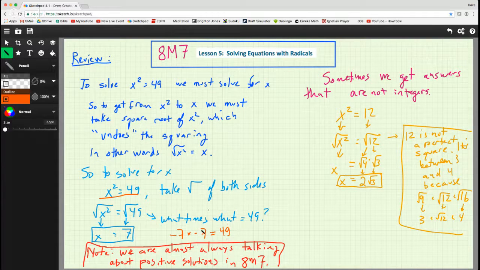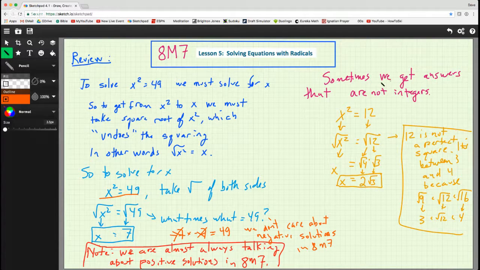But we are saying we don't care about negative solutions in 8M7. Okay, so you always have that caveat. Sometimes we'll talk about negative solutions, but not in 8M7.